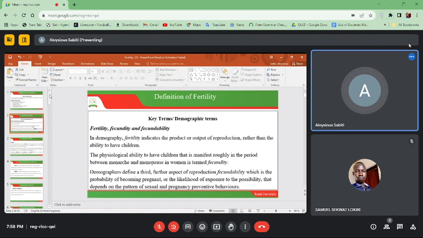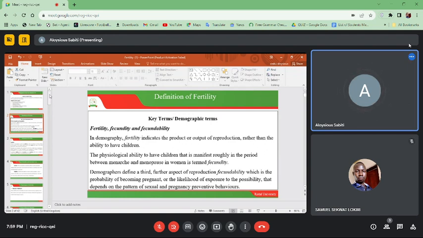For example, an exposure would mean that an individual gets married. So for individuals that are married, the fecundability is high, because we assume that the exposure to different sexual patterns for individuals that are married is higher than for those who are not married.